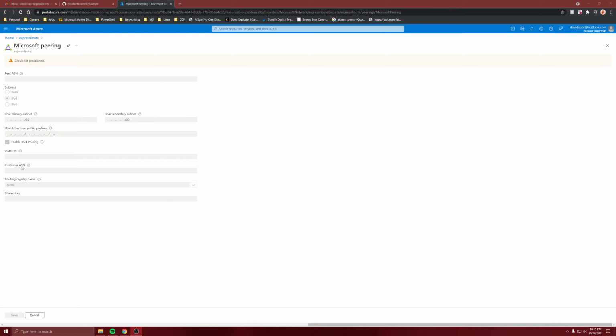And down here, you need a public autonomous system number. There are also the advertised public prefixes, and these are prefixes you want to advertise to Microsoft over the BGP sessions, from the customer network.